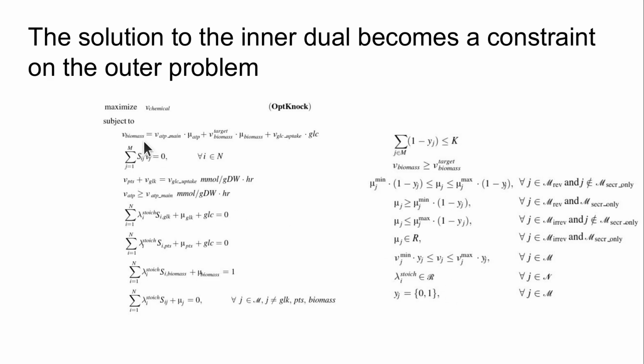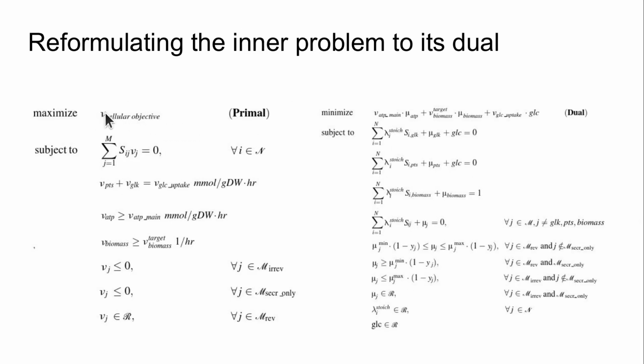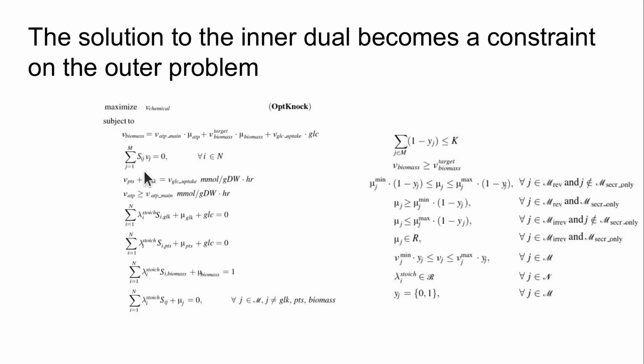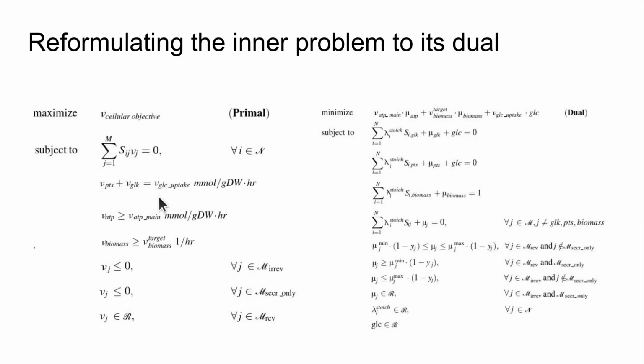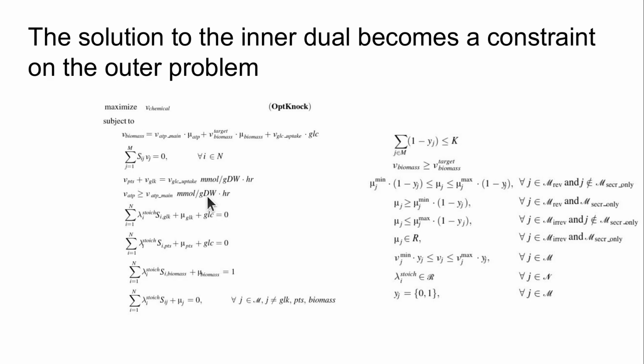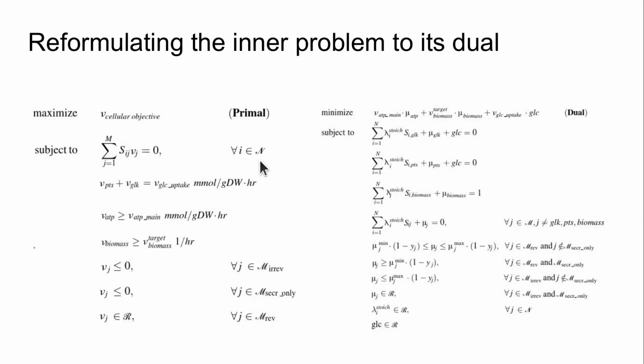So if we see here, this upper constraint corresponds to the fact that the objective of the primal and the dual have to be the same. And all these constraints here are either constraints from the primal, such as this here, the stoichiometric matrix, glucose uptake, which we see here, ATP maintenance being satisfied, which we see here.